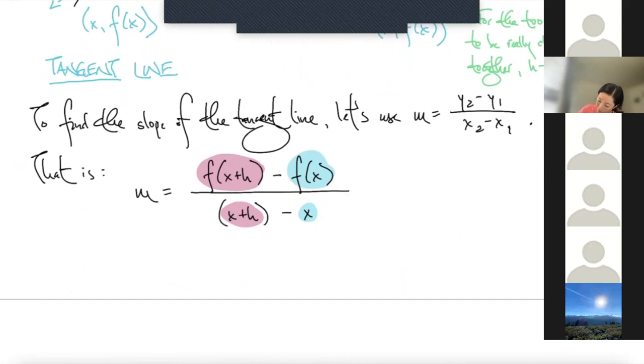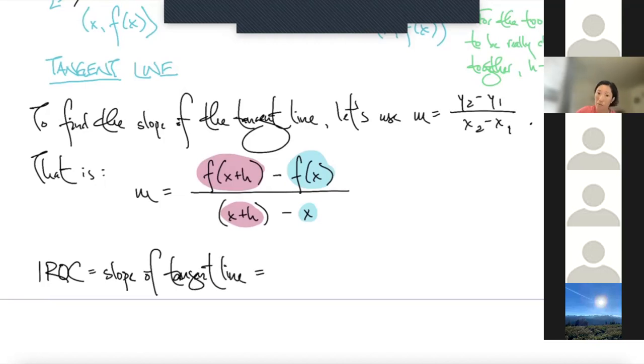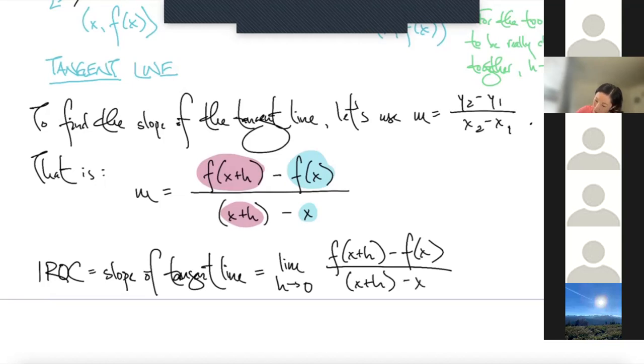So here's what we're going to say, that our instantaneous rate of change, which equals the slope of the tangent line, is going to equal the limit as X or as H approaches 0 of that slope. So we're finding the slope between 2 points. However, this H approaching 0 tells us that the 2 points we chose are very close together.